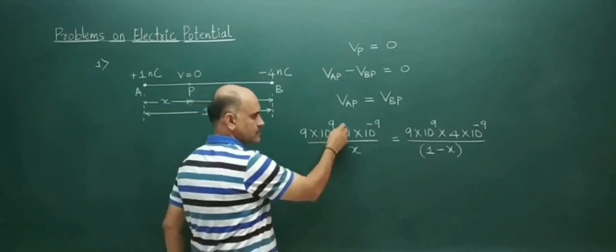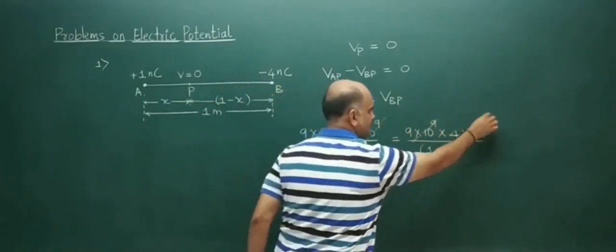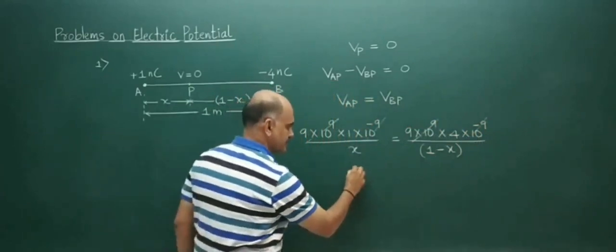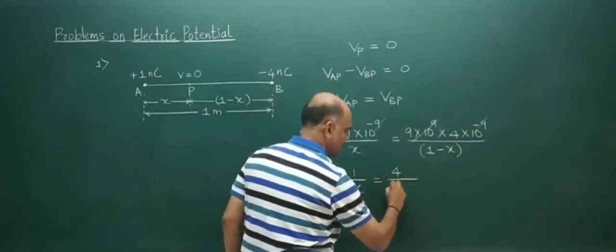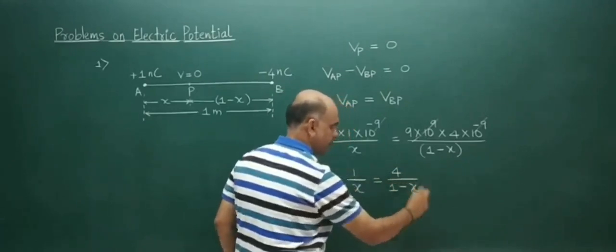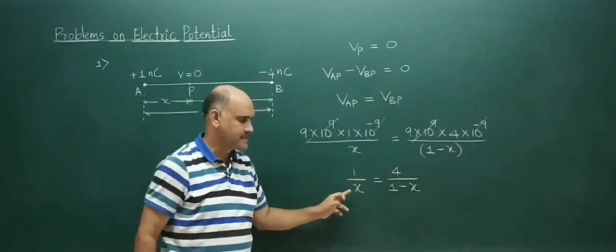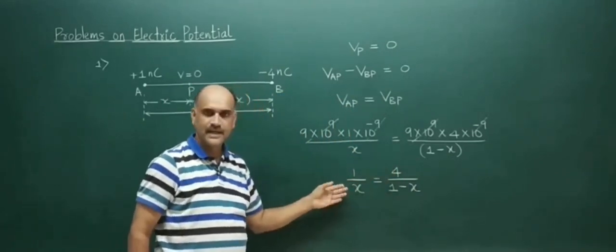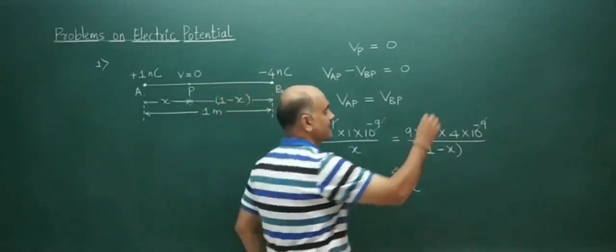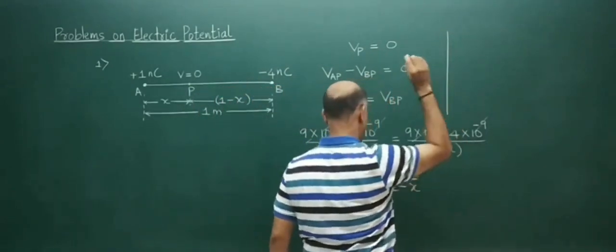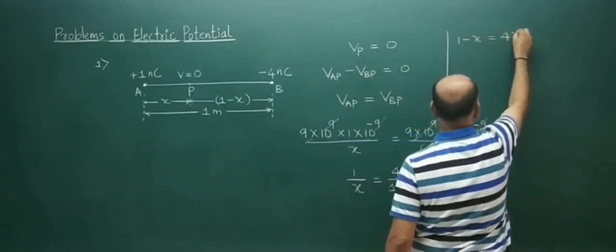So 10 raised to 9 and 10 raised to 9 get cancelled, 10 raised to minus 9 gets cancelled. What remains is 1 by x is equal to 4 by 1 minus x. Now cross multiply and simplify. If I cross multiply, I will have 1 minus x is equal to 4x.